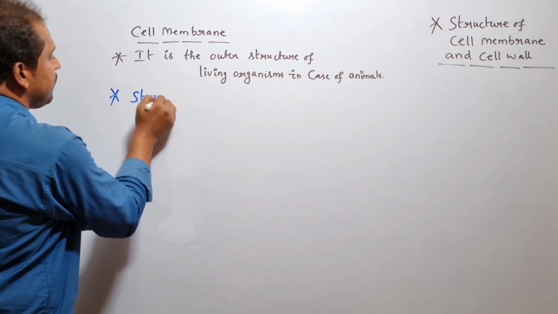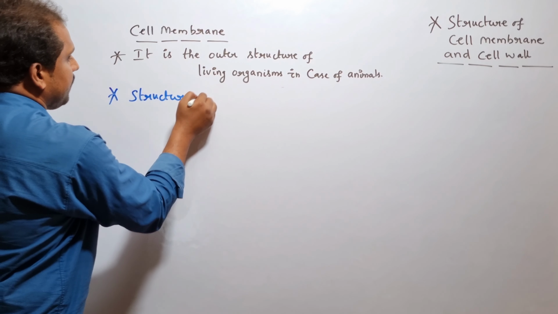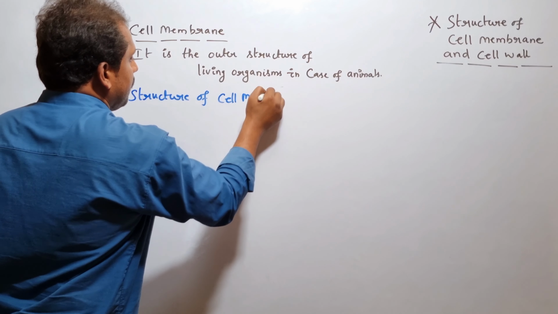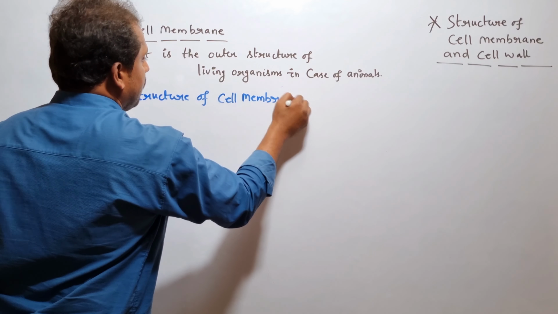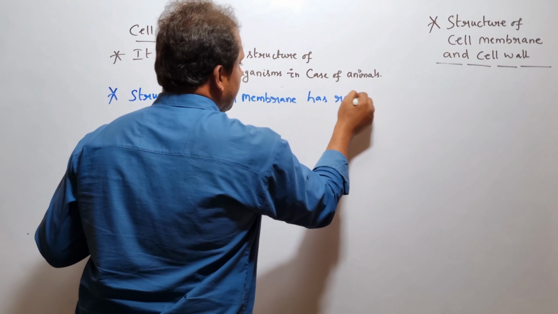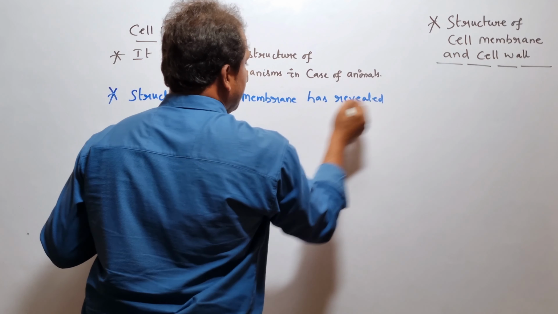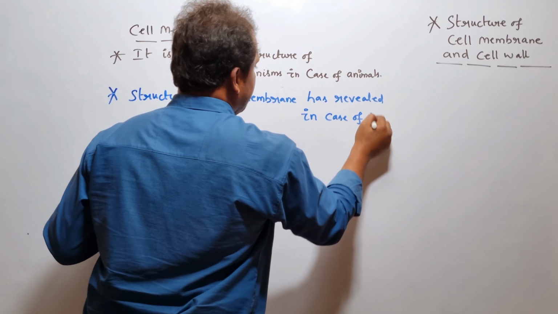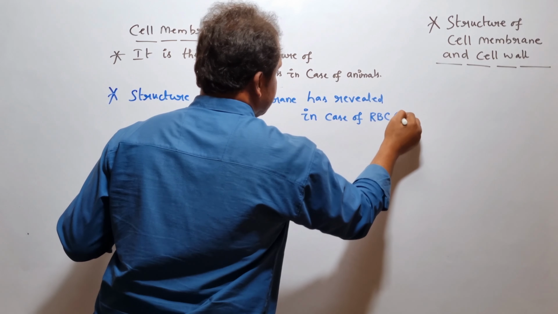Structure of cell membrane has been revealed in case of RBC or erythrocytes.